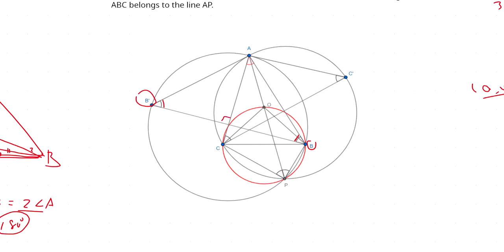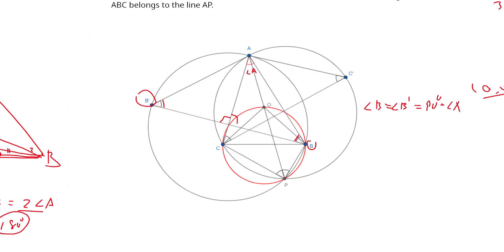So if we name this angle A, then both angle B and angle B prime equal 90 minus angle A, right?